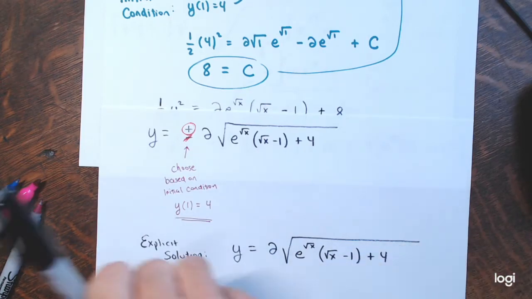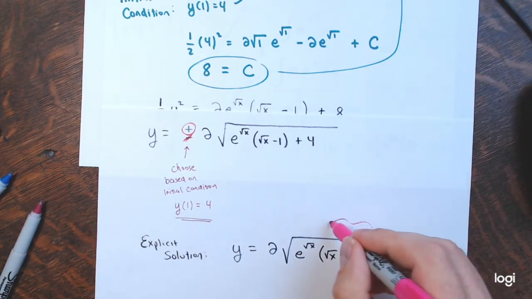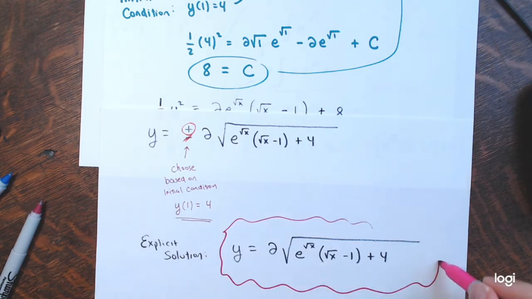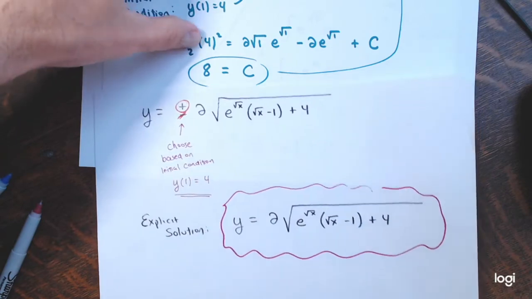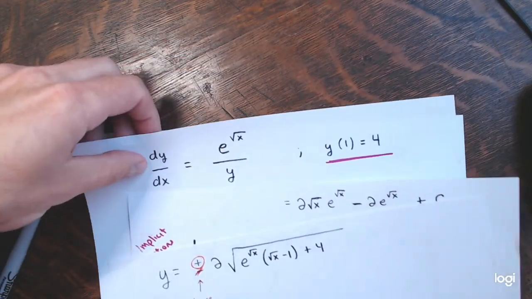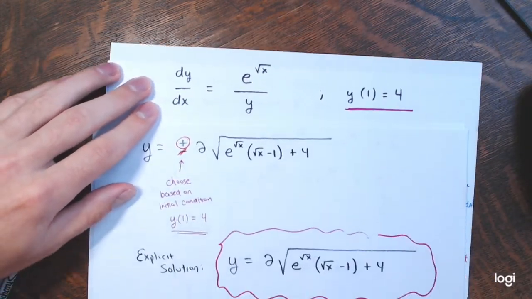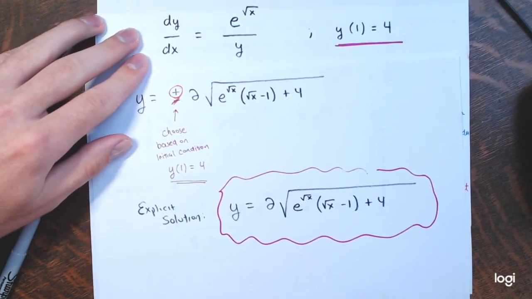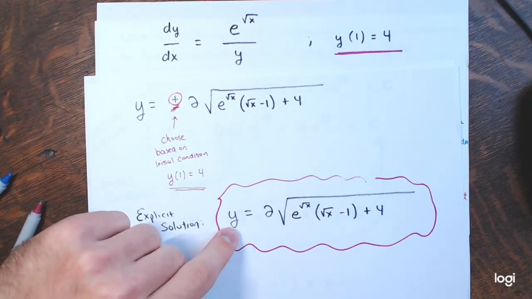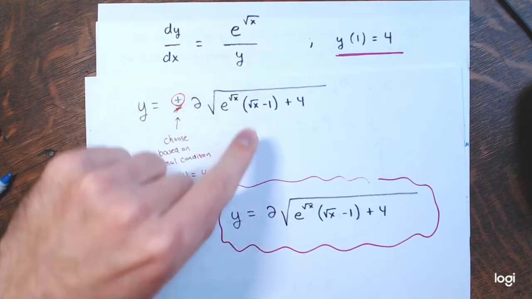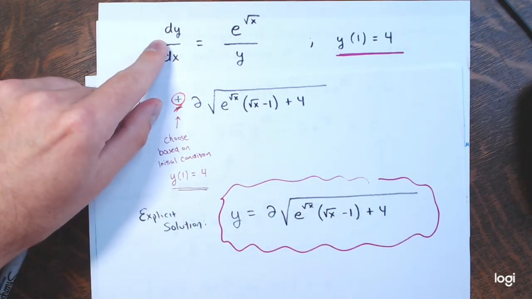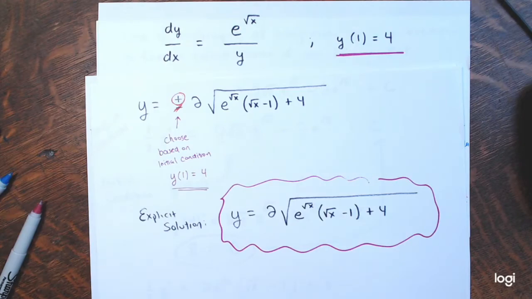All right, and you can double check. It'd be kind of a hairy ordeal, but you could take the derivative of this and then plug the derivative back in. Go back to the original differential equation here. Plug this in for y, take the derivative of this, put it in for dy dx, and see that it makes this true.